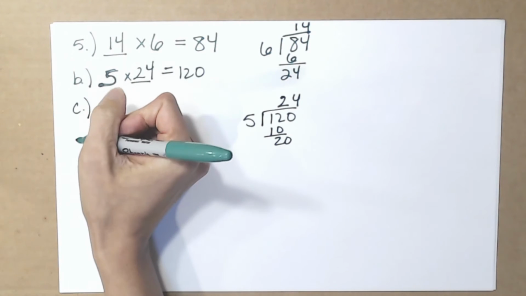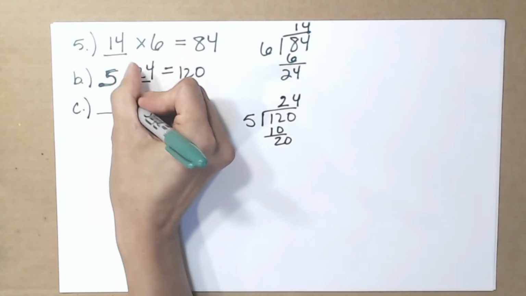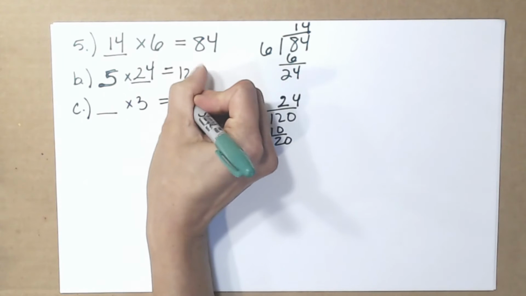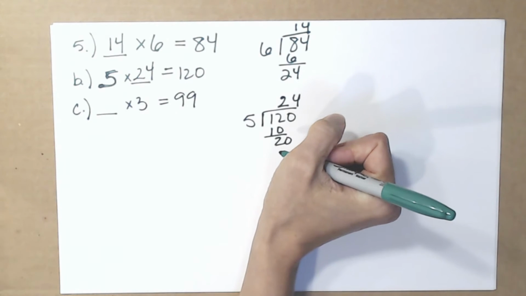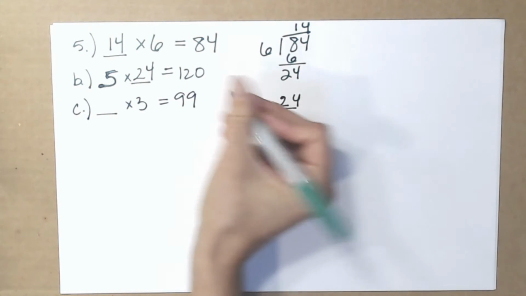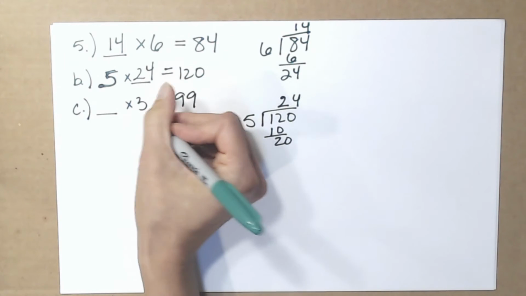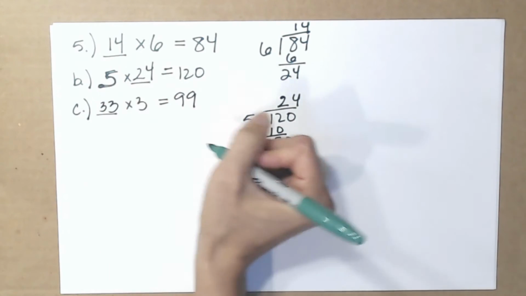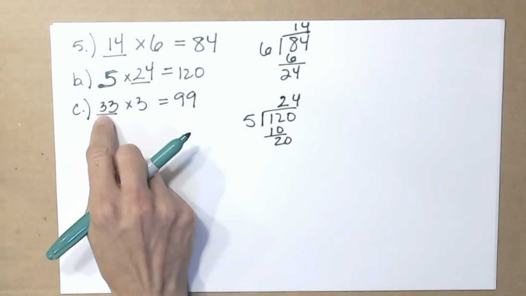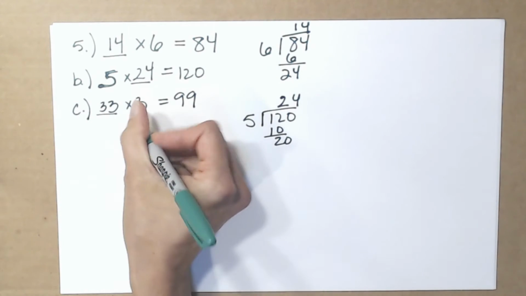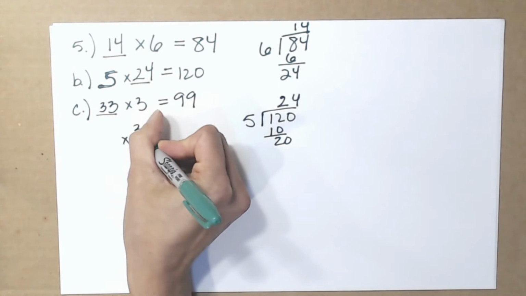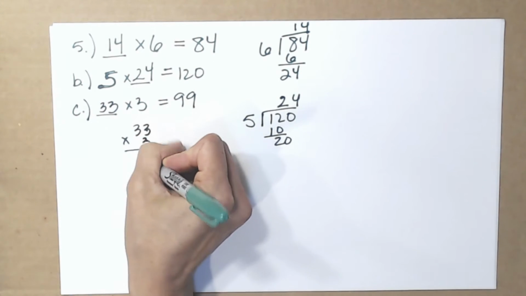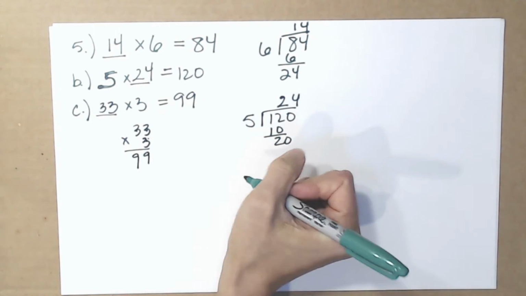C. Something times 3 is 99. This one you can probably do in your head. 33 times 3 would be 99. Because 3 times 3 is 9. If you were to multiply this out, this 3 times 3 is 9, this 3 times 3 is 9. 99.